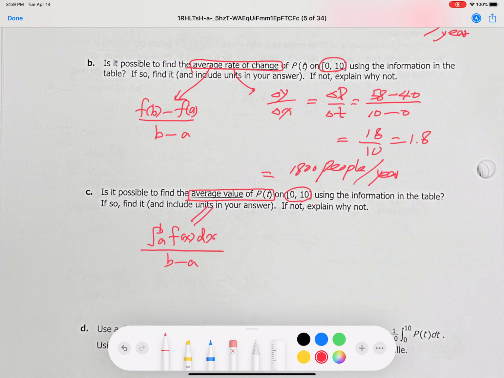This is the formula to find the average value of a function. So to find the average value of P of t, we have to find the integral from 0 to 10 of P of t dt, and then divide by 10 minus 0. These parts actually represent the area under the graph.